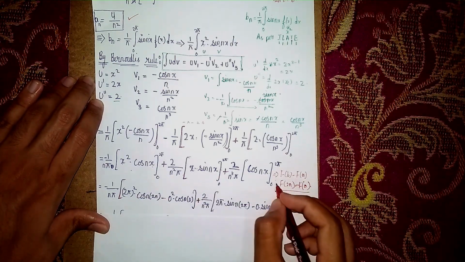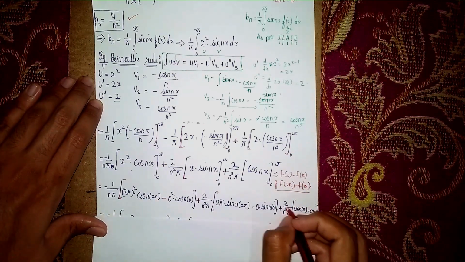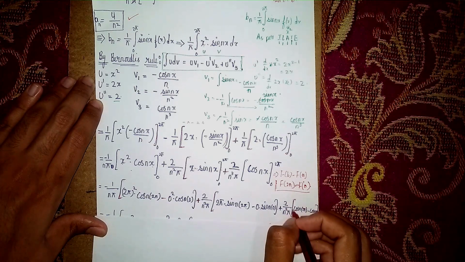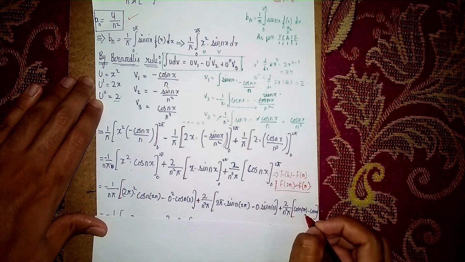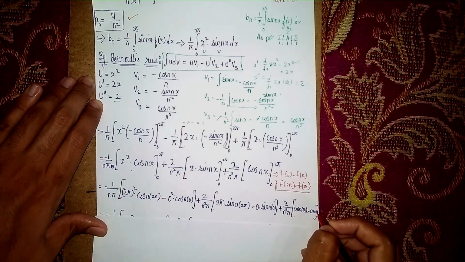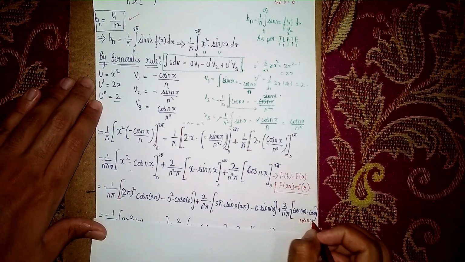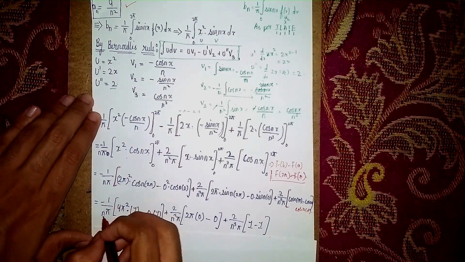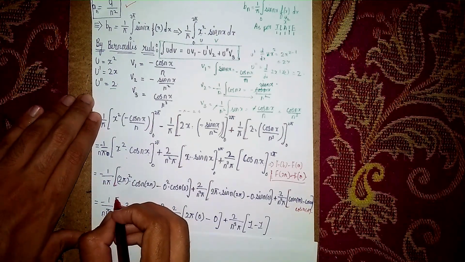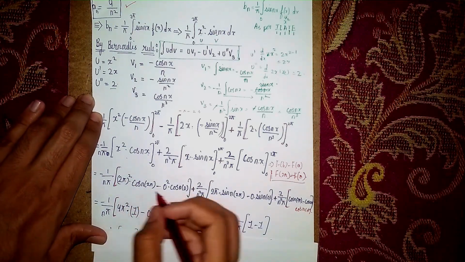Then plus 2 by n cube pi, then open the bracket, cos n 2 pi. Here also fb minus fa, minus cos n into 0. Next, minus 1 by n pi, open the bracket. Now 2 square becomes 4, pi square as it is, cos n 2 pi.